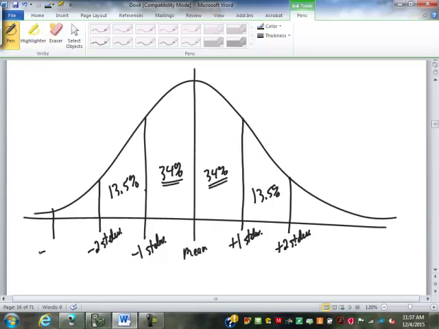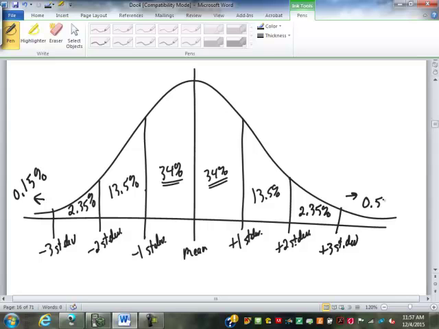If I go a third standard deviation below, this is about 2.35%. And this way as well. More than 3 standard deviations below is only about 0.15%. More than 3 standard deviations above is only about 0.15%.